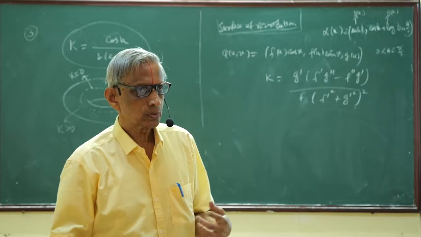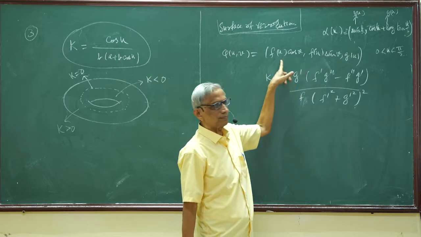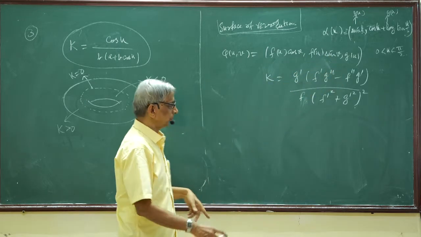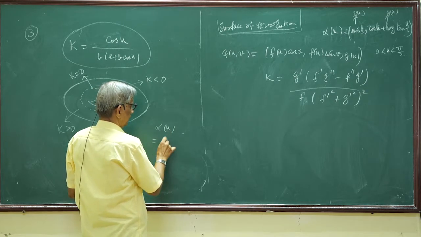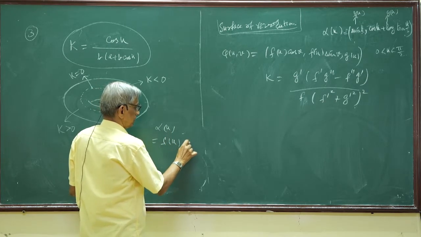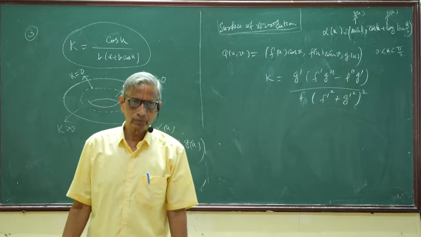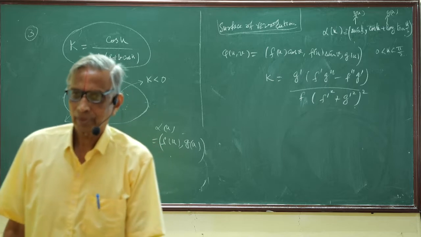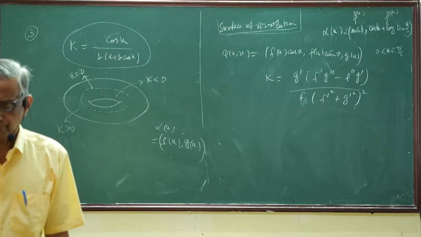So if your curve is given by alpha(u) = (f(u), g(u)), that is the curve that you rotate about the z-axis. The curve is usually referred to as the profile curve.